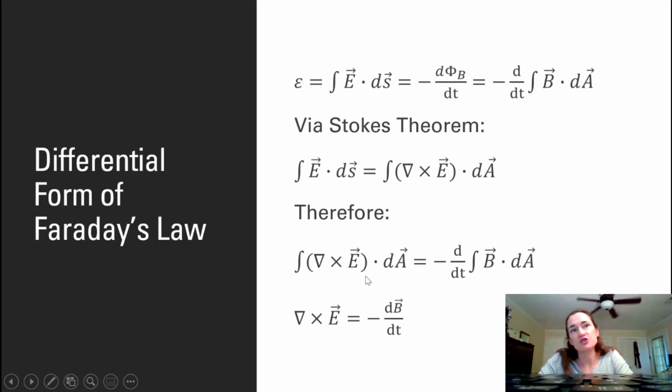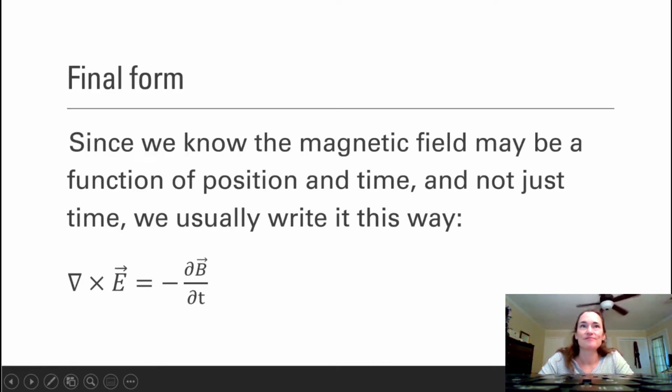And then we have the differential form of Faraday's law. The curl of E is equal to negative dB dt, okay? Now, we know that the magnetic field may be a function of both position and time, and not just time. So what we usually do is we write our expression this way. The curl of E is equal to the negative partial with respect to time of B, okay?